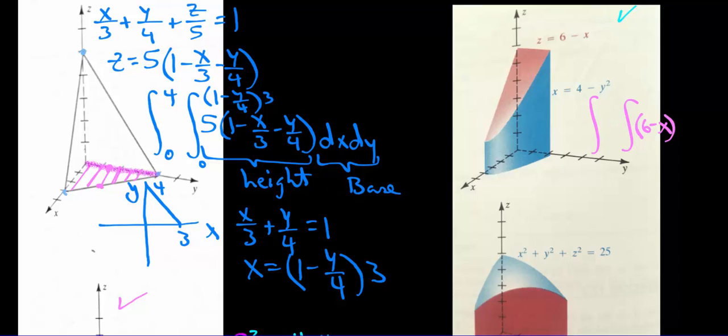All I care about now is the base down here. And I've got a base that is, whoops, let me draw this a little differently. I've got the first octant, and it's going to look like this, isn't it? So this right here is x, and this is y.